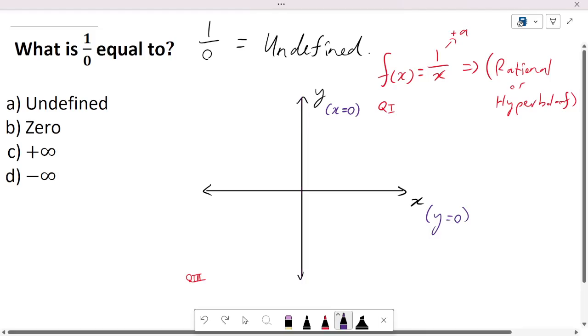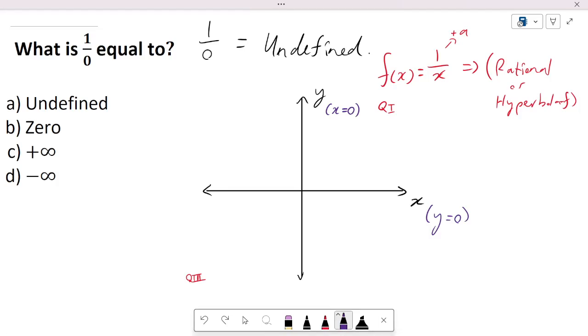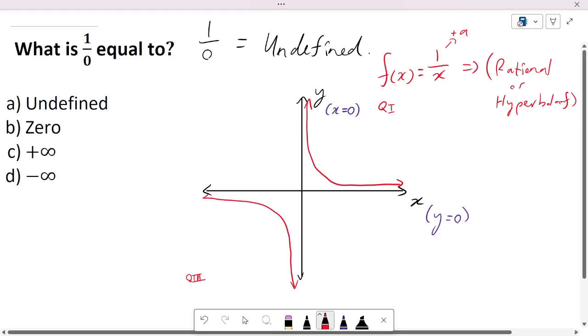Okay, so there are our asymptotes right here. Now we need to draw our hyperbola, which mustn't touch any of these axes. So we're going to have something like this, maybe. It infinitely goes towards the x-axis, but it never touches the x-axis. And it also never touches the y-axis in quadrant 1. And we're going to do exactly the same thing over here with the other branch, in the third quadrant.